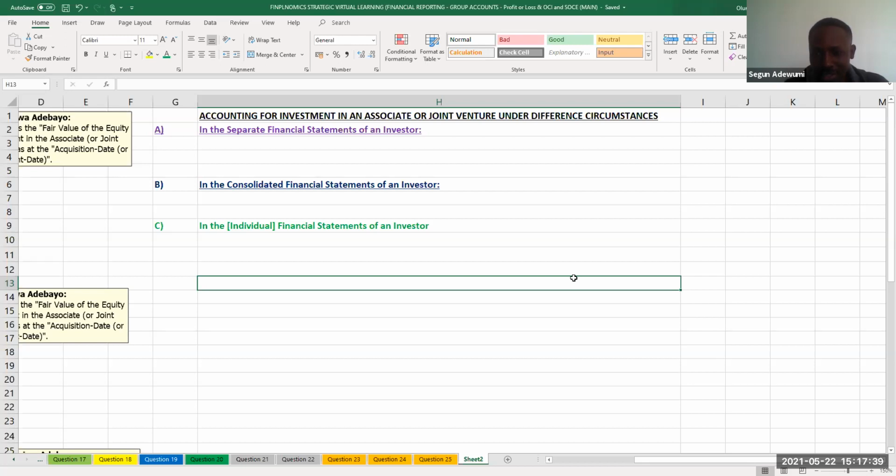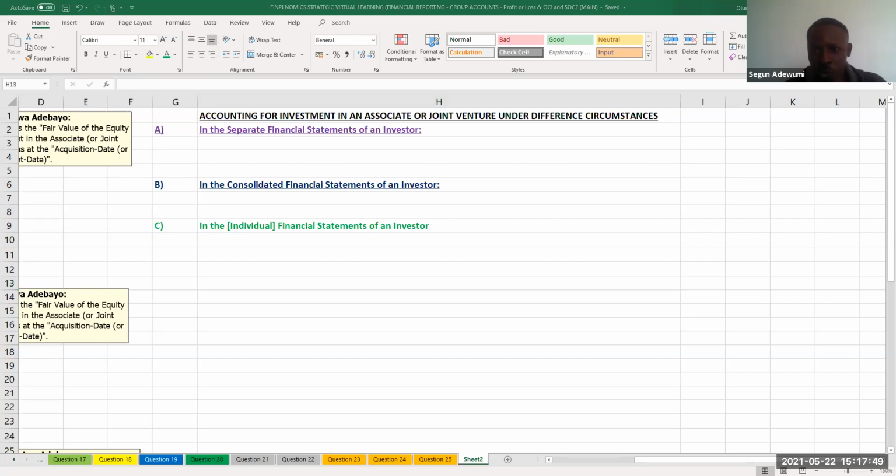It's just as it is. For instance, maybe there is a loan from the investor to the investee, which ordinarily should be removed on consolidation. That will not be the case in separate financial statements.